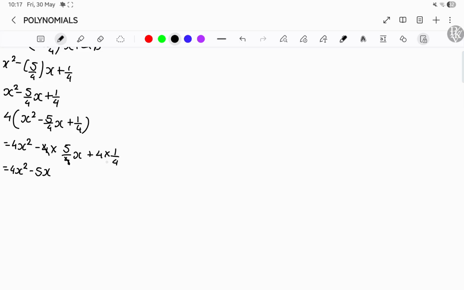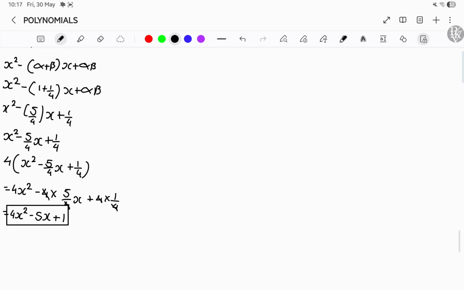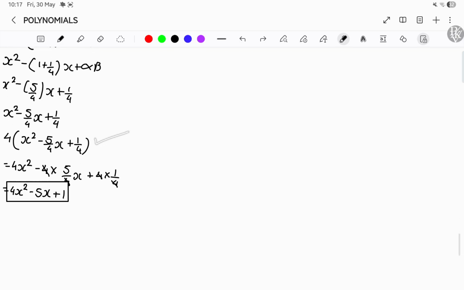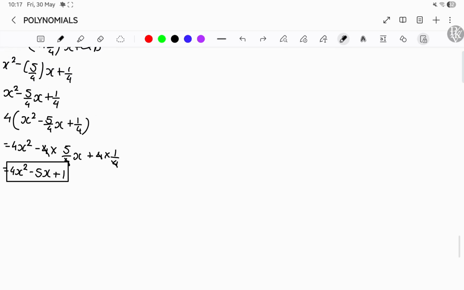Write this as your final answer. I mean, of course, the earlier form is good enough. This is correct. So, if you are writing factually, this is absolutely fine. But then, to get rid of the denominators, multiply by 4.